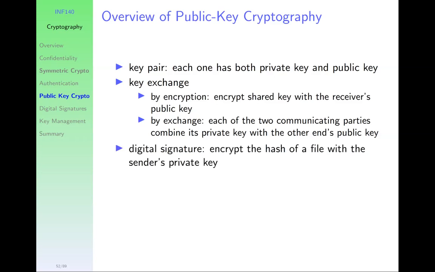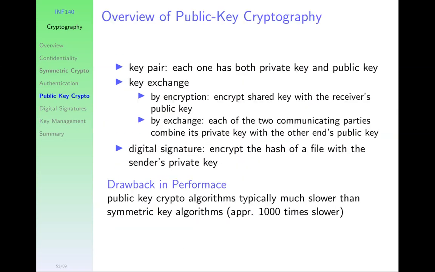And here, another type of application is called digital signature. It's a kind of reversed process of key exchange. In digital signatures, the sender encrypts the file or the input with the sender's private key, like here Alice.